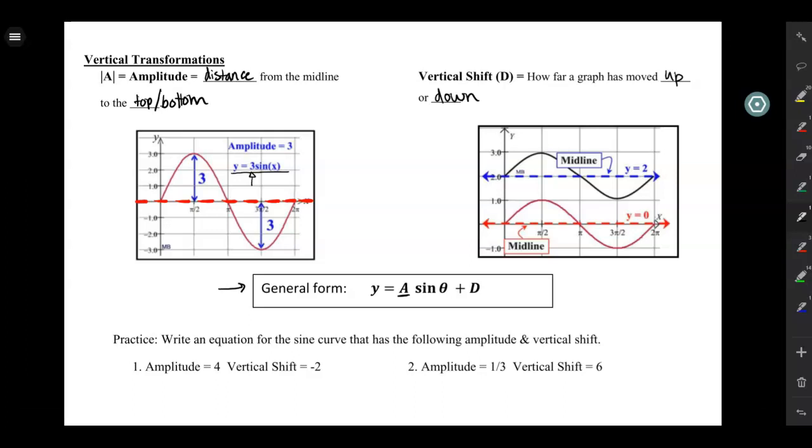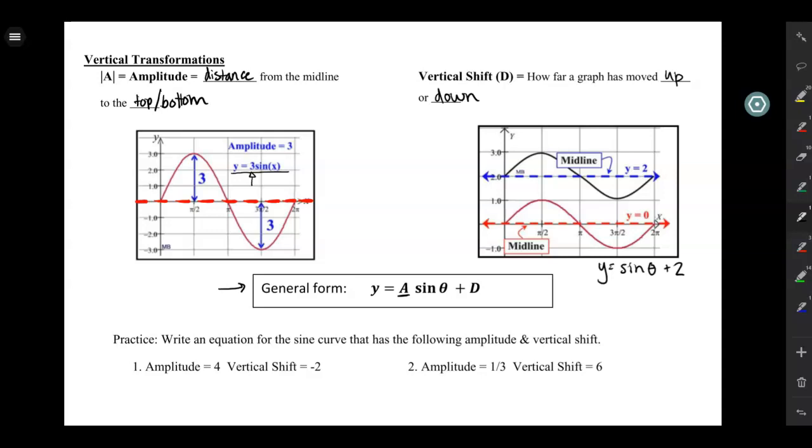So the midline, like we talked about, just chops the graph in half. As you shift the graph up or down, you can just think about however far up and down you shifted it, that's where your midline is. So in this graph, the midline is at 2, which means that I shifted this graph up 2. So if I were to write the equation for this, it would be sine of theta plus 2. I just shifted everything up 2. I'm doing that vertical shift.